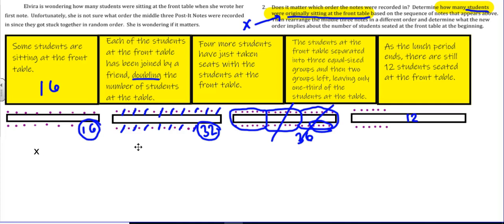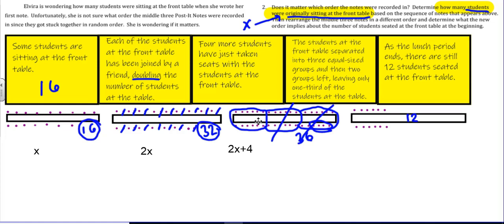Each of the students at the front table has been joined by a friend, doubling the number of students at the table. So if they're doubling, that's multiplying by 2. So I have 2x. And then 4 more students have just taken seats at the front table. So we're adding 4. So we have 2x plus 4. And then we had to divide that by 3 because 1/3 is remaining.